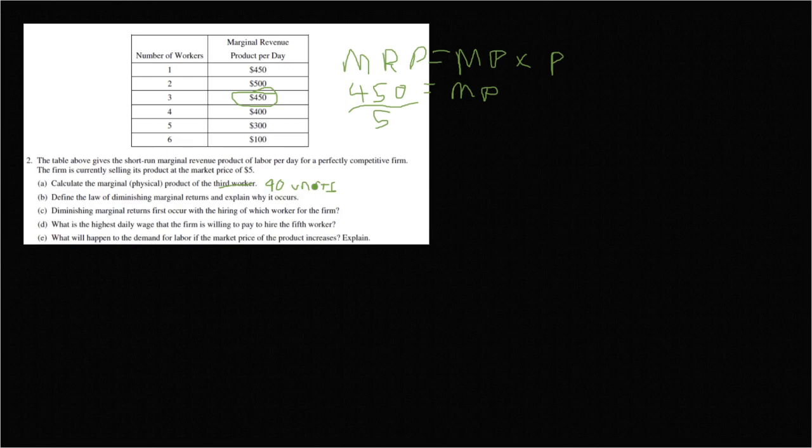Alright, define the law of diminishing marginal returns. This is an interesting question. I am not going to write all of this out, but I will gladly explain it. The law of diminishing marginal returns says that if you have some limited number of resources, it will slowly make less and less output.